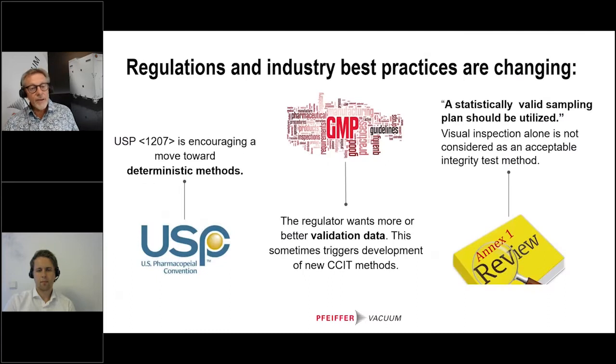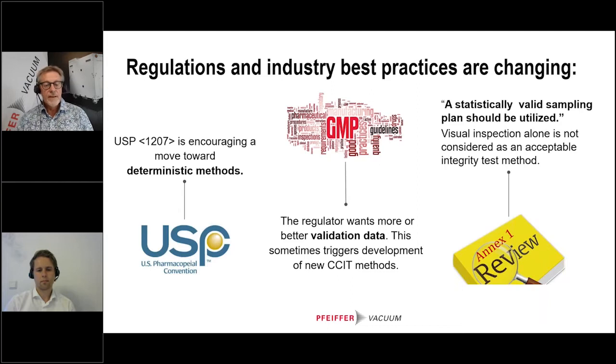So regulation and industry best practice are changing slowly, but they are changing. Now USP 1207, for example, is encouraging a move toward deterministic method instead of probabilistic method. We will explain that. And in the new revision of Annex 1, for example, a statistically valid sampling plan should be utilized, which means increasing the number of samples for IPC tests.